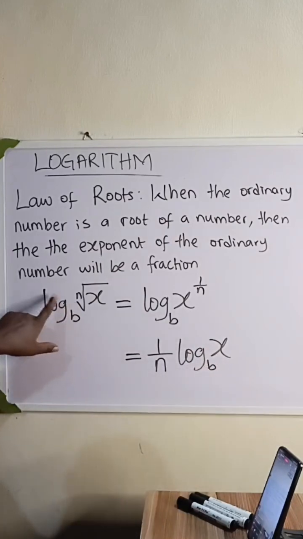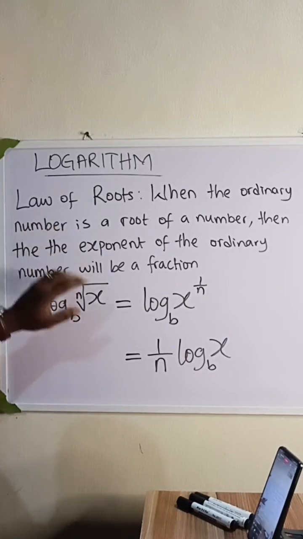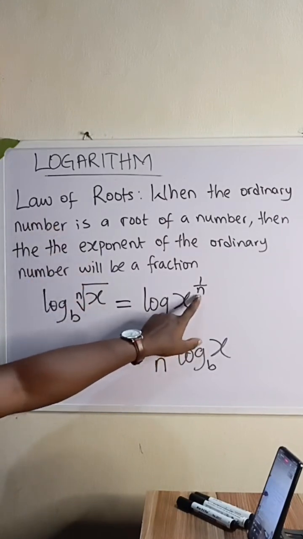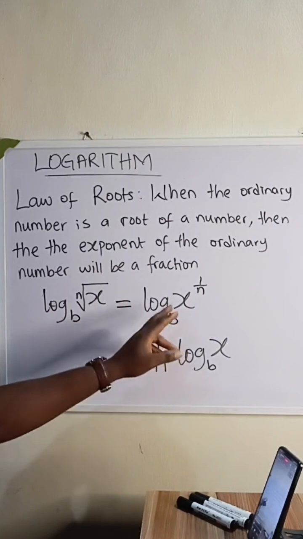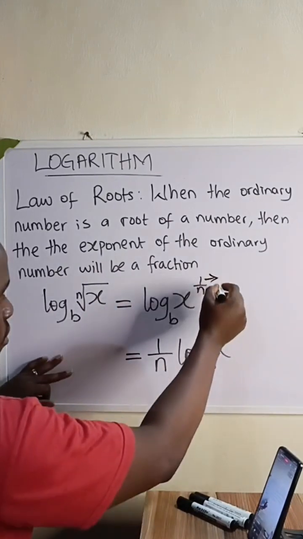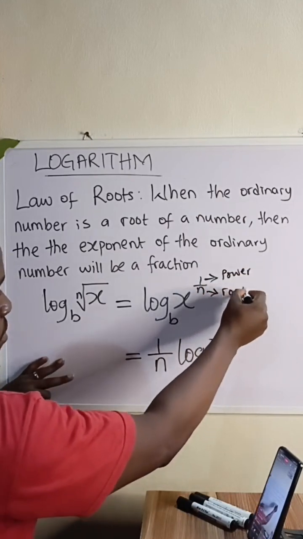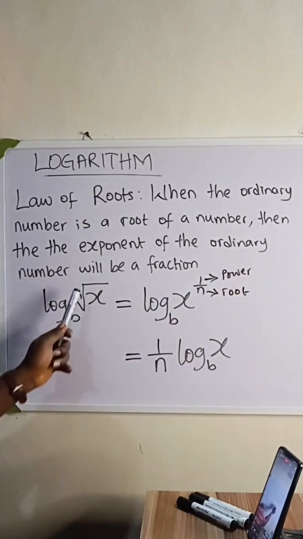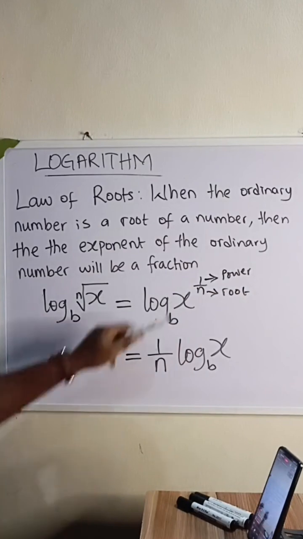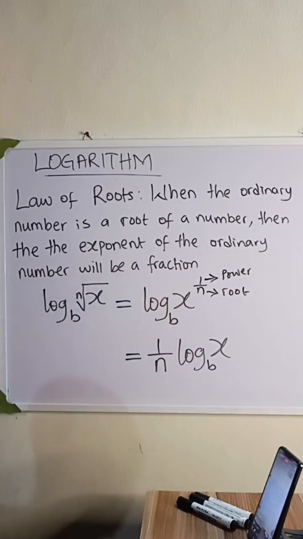This comes from the laws of indices: the numerator is a power and the denominator is a root. So then you move this across and it becomes that. Okay, let's continue.